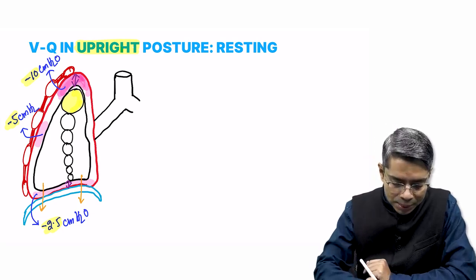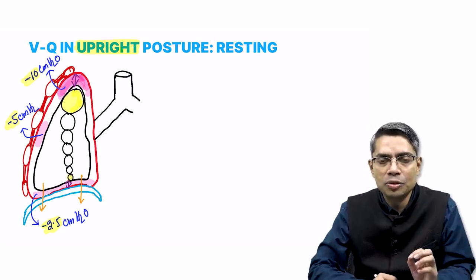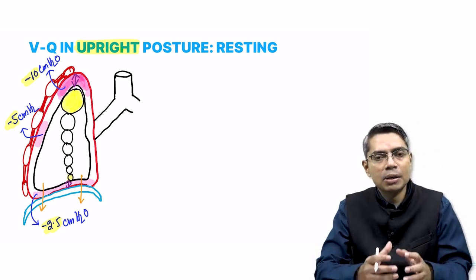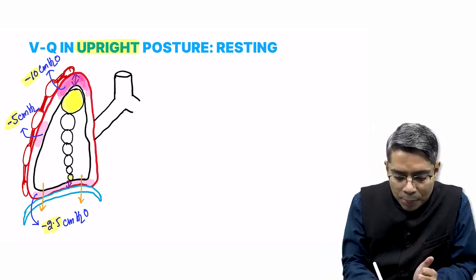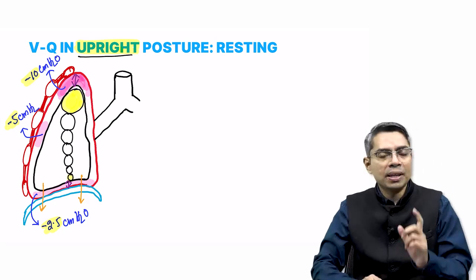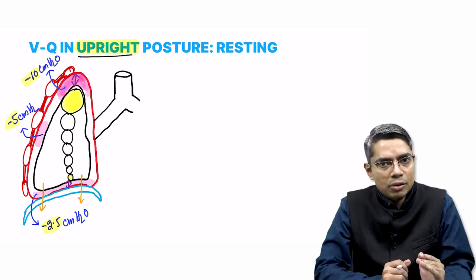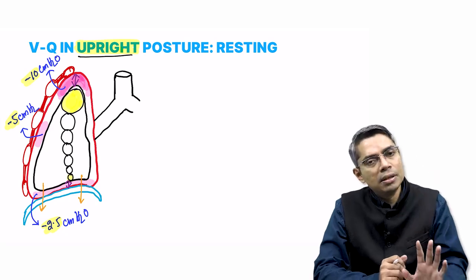And if you go from the apical region to the basal region, the size of the alveoli is going to be reduced gradually. Why the largest size alveoli in the apical region? Because of more negative interpleural pressure. In which condition? In upright posture. Please note down that if the person is in lying down posture, then this kind of variation is not going to be there. Almost equal size alveoli will be seen in different parts of the lung.